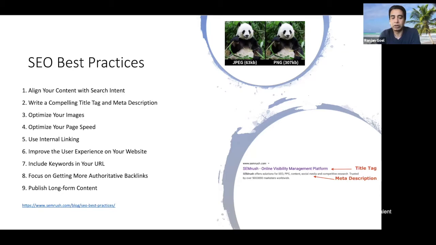So you need to keep testing your site. You need to make sure the pages are loading quickly, and the images are optimized. I'm showing one example on the top right, the panda image. If you're posting it as a JPEG, it only takes 63 kilobytes versus a PNG format that's taking 307 kilobytes.